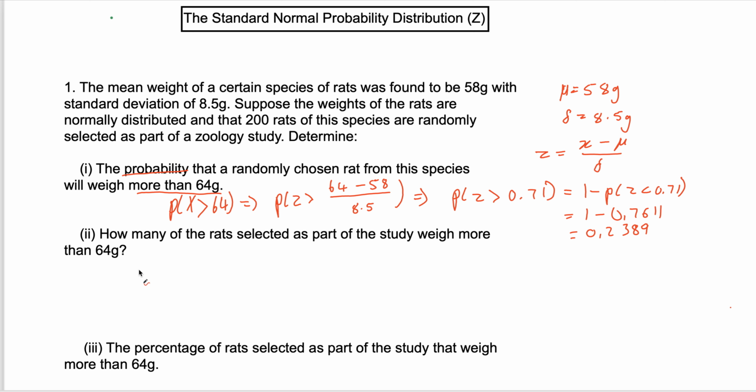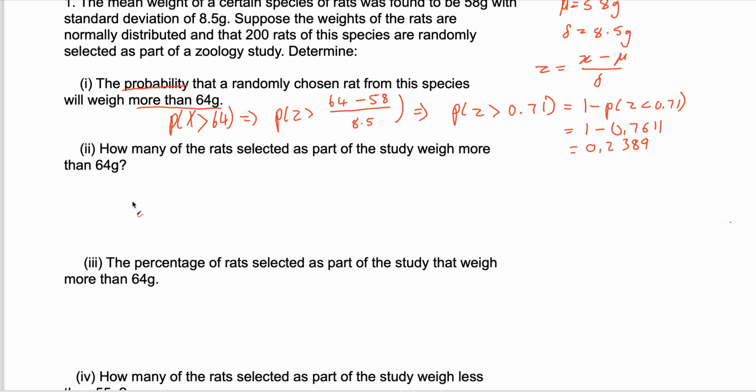Now to the next question. They ask how many of the rats selected per study weigh more than that number. So you're looking for rats that weigh more than that, and you basically have to calculate the number of rats. Remember, n was given as 200, and now you have your probability.